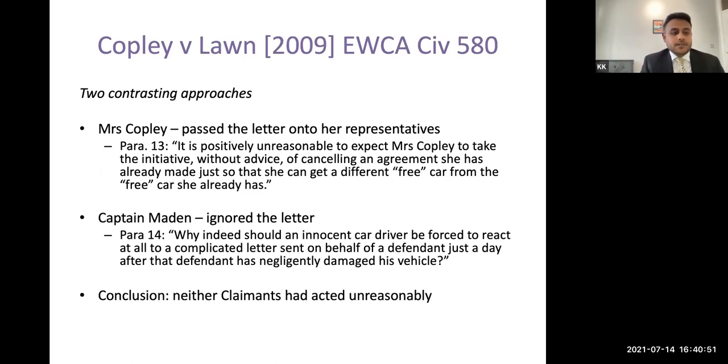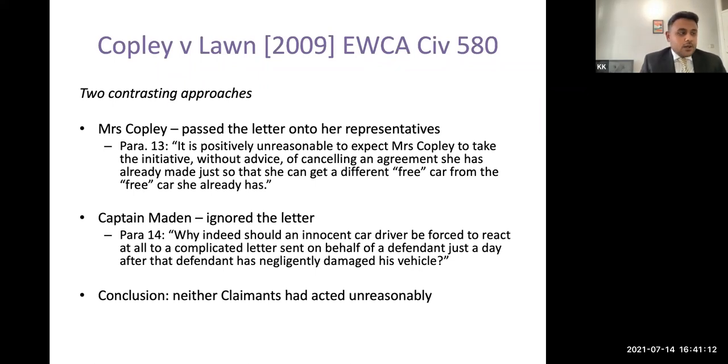It is, of course, important to delve slightly deeper into the actions of both the claimants in Copley and Lawn, and of course that is to look at the actions of Mrs. Copley and Captain Maiden.